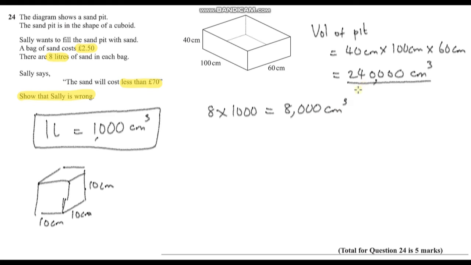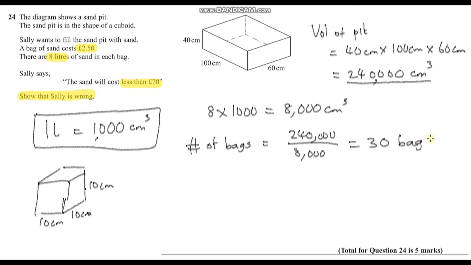Now we need enough sand to fill this volume here. So to work out the number of bags, we're just going to do this divided by this. It's going to be 240,000 divided by 8,000. Okay, so we can take off the thousands. So it's just 240 divided by 8, which is 30.